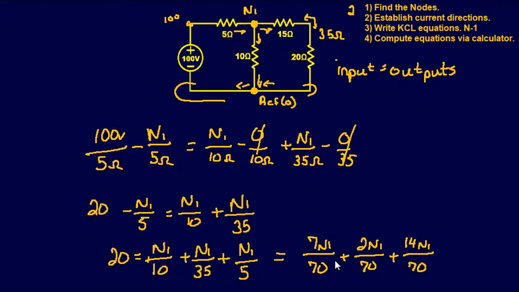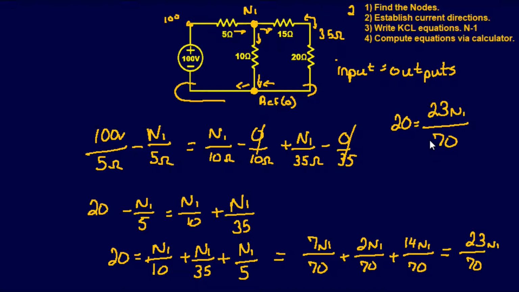Alright, so this would be our equation right here. Now we could simplify this down even further. So, going a step further, 7 plus 2 plus 14 comes out to be 23 over 70. And I think I can move this up here to give us room. So it's going to be 20 equals 23 N1 over 70.